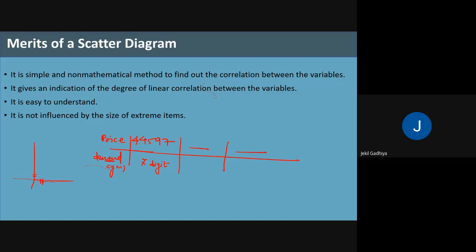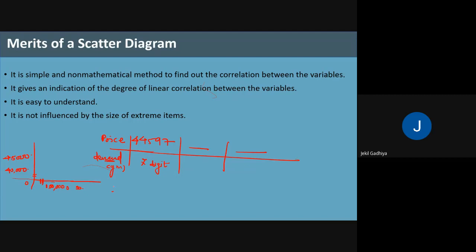So it is 0, it is 40,000, right? Then after 45,000. Similarly, suppose here it is 7 digits, so 1 lakh, so 10 lakh, and after 20, up to and so on.